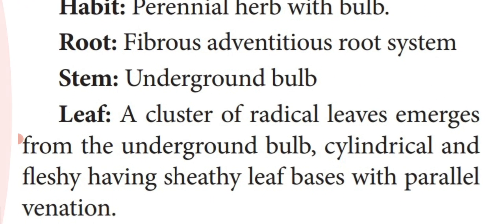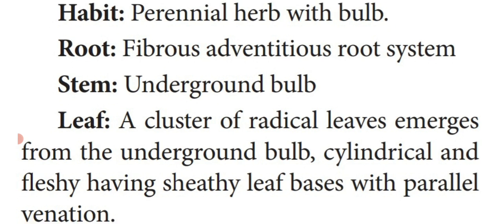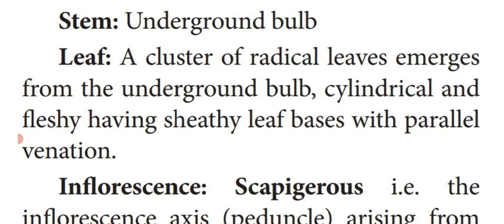Root: it is a monocot family, so fibrous adventitious root system. Stem: it is not an aerial stem, it is an underground bulb stem. Leaf: a cluster of radical leaves which are arising from the underground bulb.